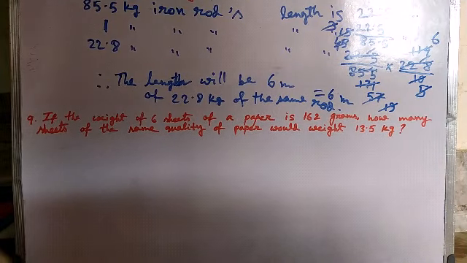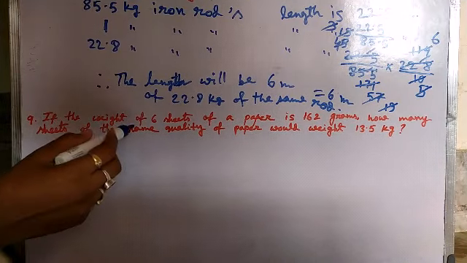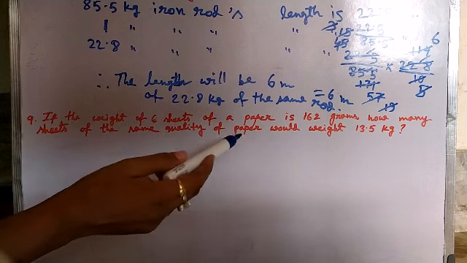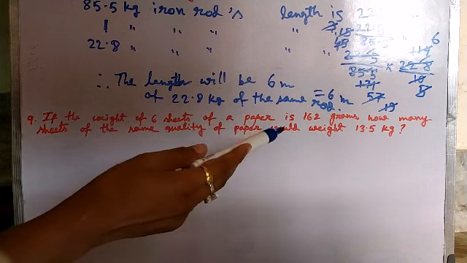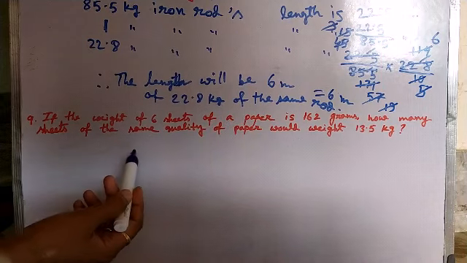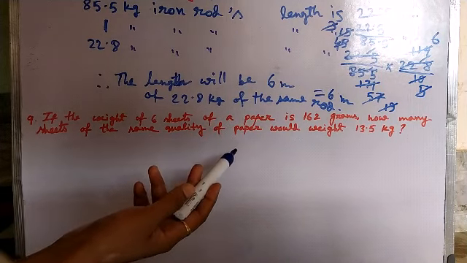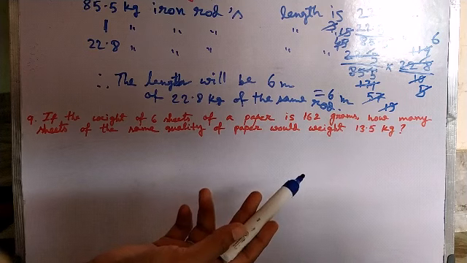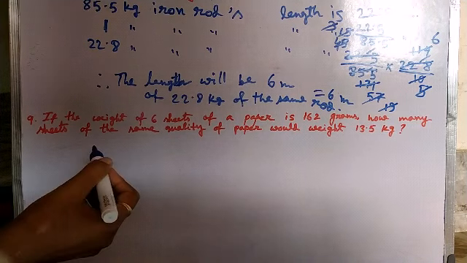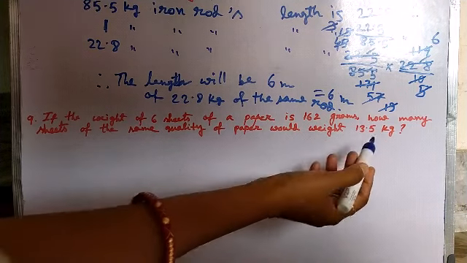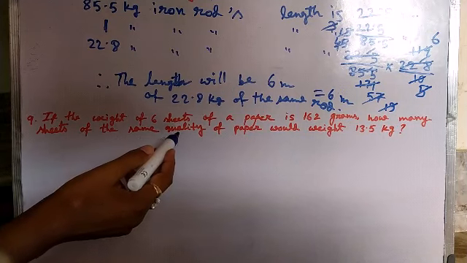Now question number 9. If the weight of 6 sheets of a paper is 162 grams, how many sheets of the same quality of paper would weigh 13.5 kg? So here, what do we find out? How many sheets of the same quality?